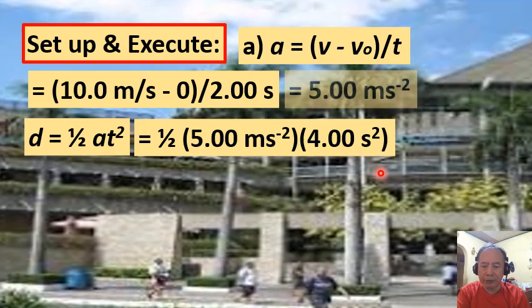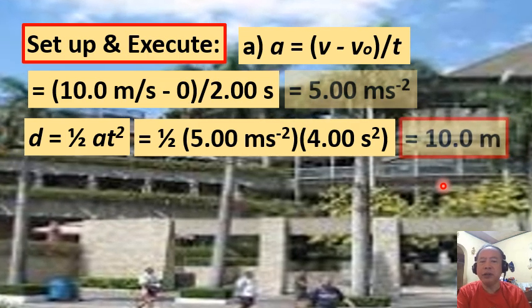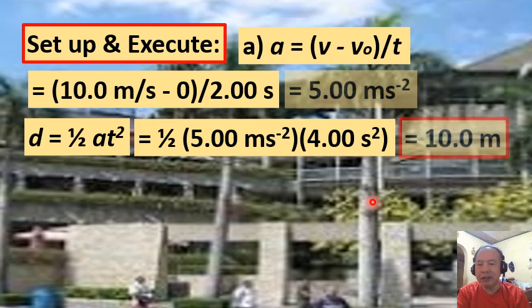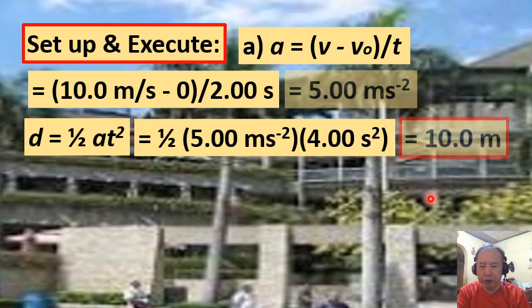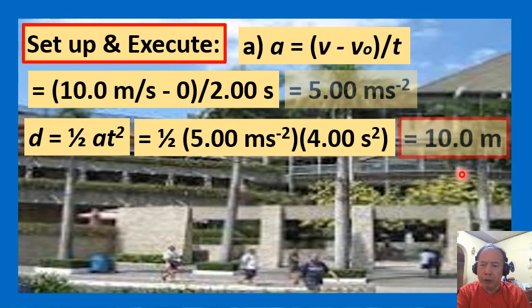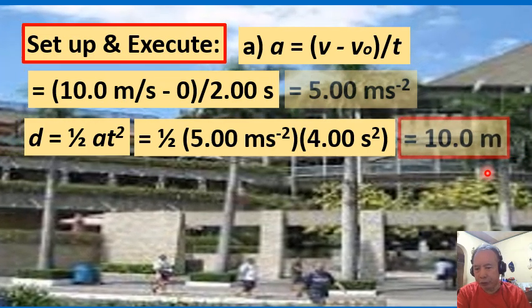Doing our math, we get the distance covered by the sprinter while accelerating constantly during the first 2.00 seconds equal to 10.0 meters, also rounded to three significant figures.